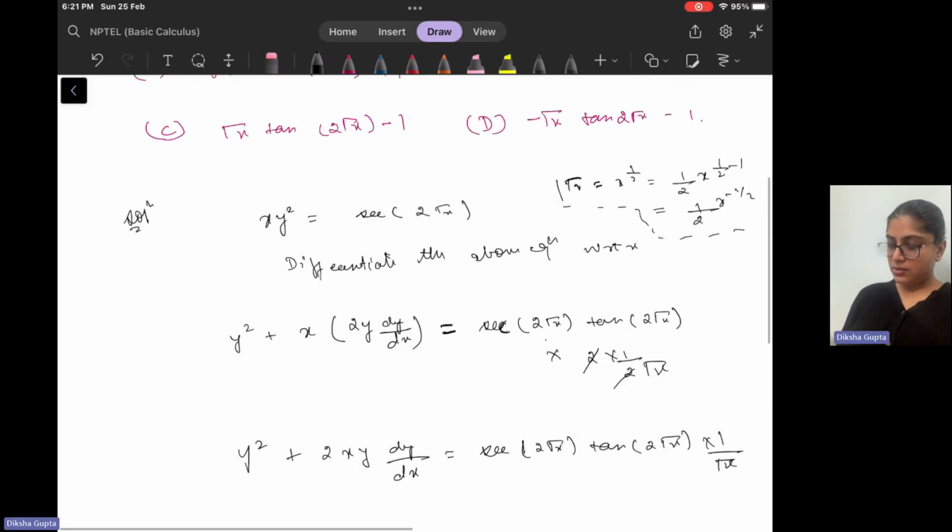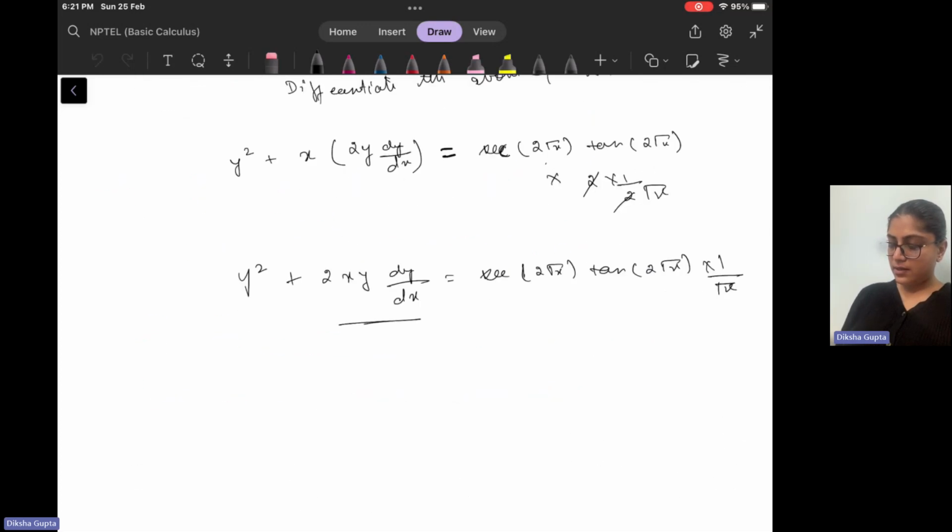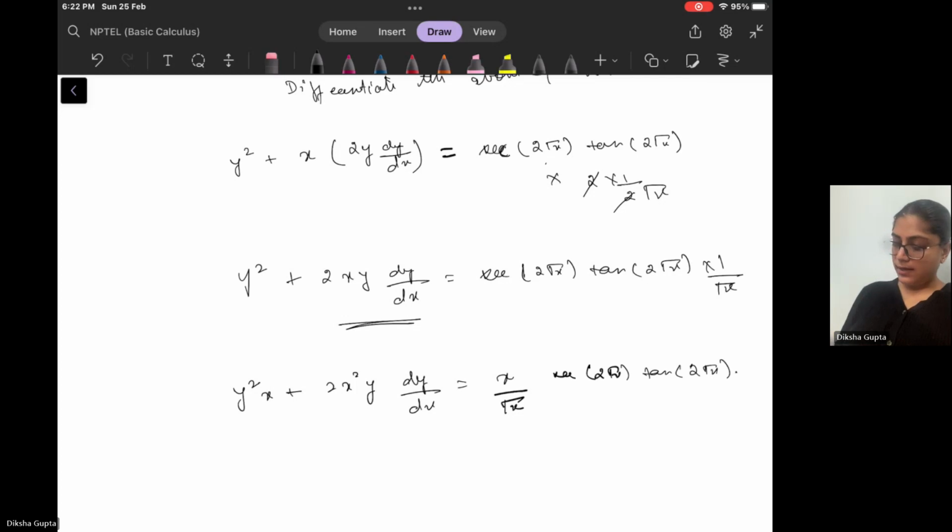Since you need x square y, and you have xy here, you'll multiply by x: y square x plus 2x square y dy by dx equals x upon root x, secant 2 root x and tan 2 root x.